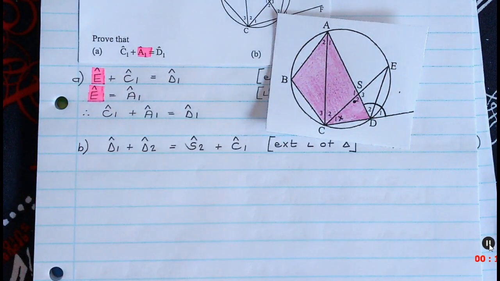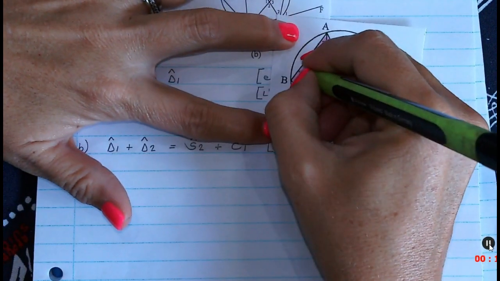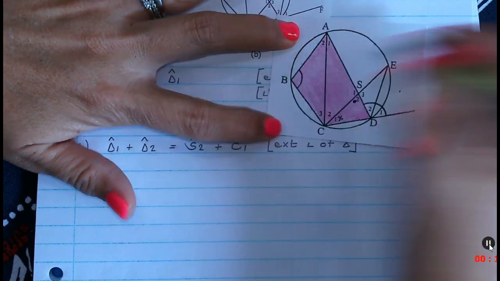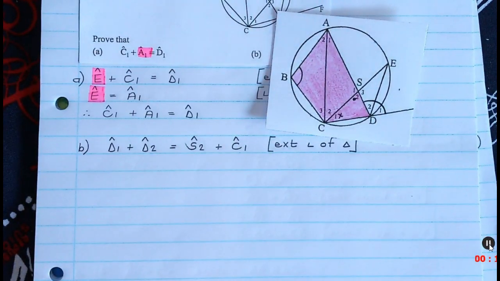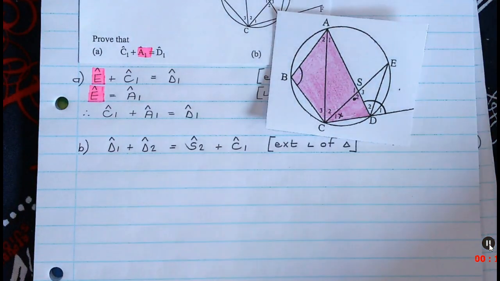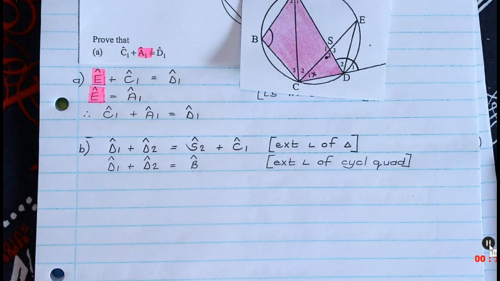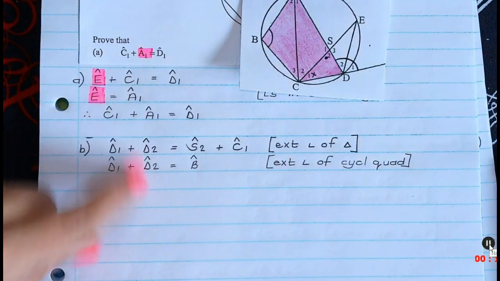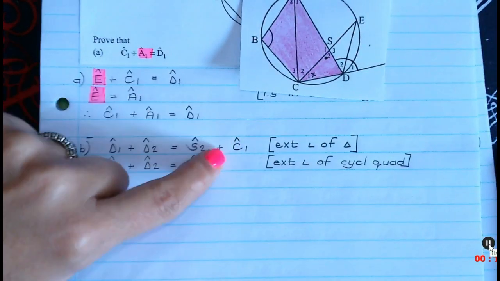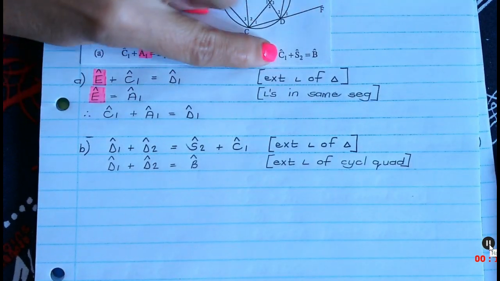That then will be equal to angle B, exterior angles of a cyclic quad. So let's write that also down. Okay, so in other words, if they are equal, then they are equal, which was exactly what was asked.